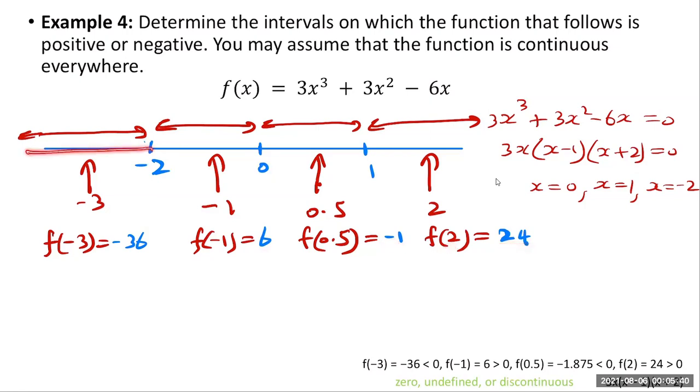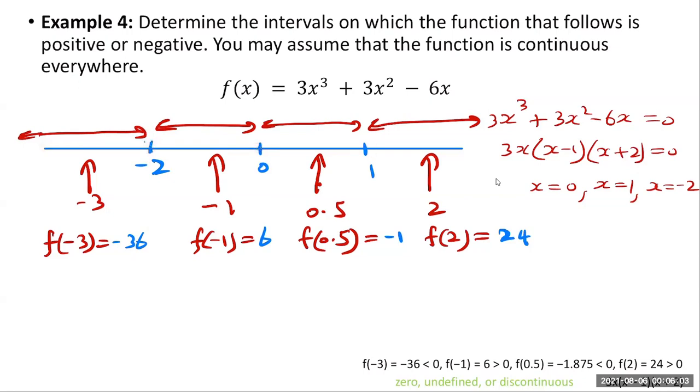Notice that I picked the point -3 from the interval -infinity to -2. And for this chosen x value, my y value is negative. That means all my y values have to be negative in this interval, because my function can change the sign only at these three points.